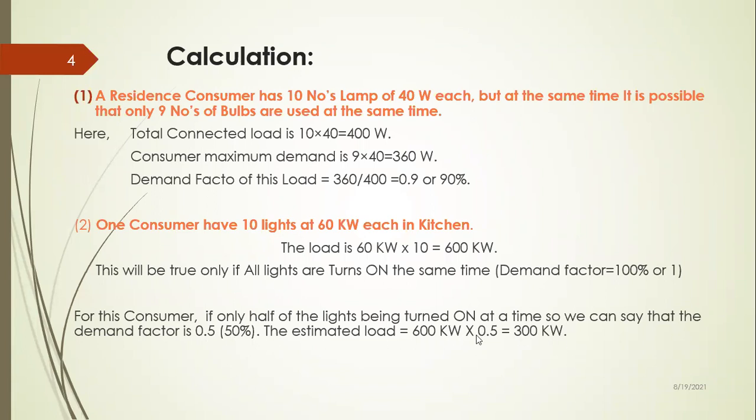So the estimated load for the 50% demand factor is 300 kilowatt. So these are some simple numericals related to the demand factor, and how to calculate the load. Load is calculated by simply multiplying the wattage with the number of devices or number of components or number of equipments.